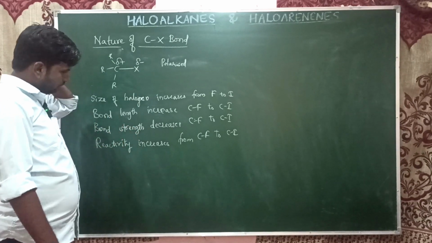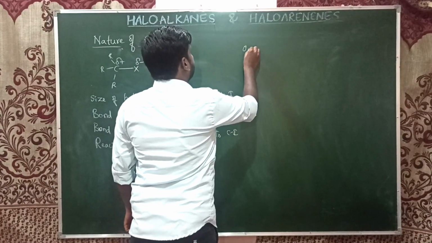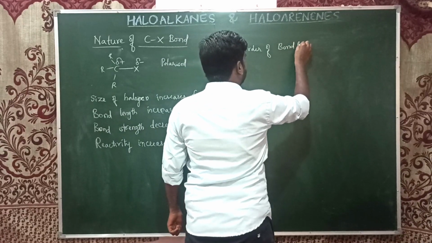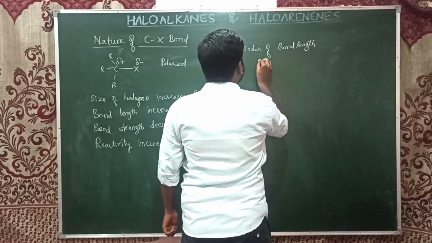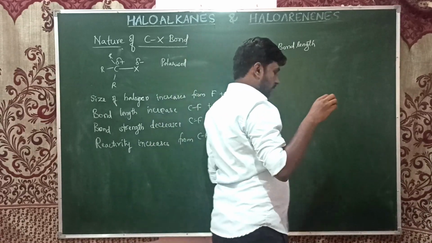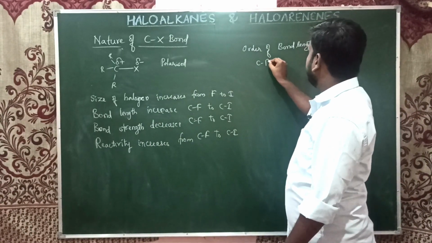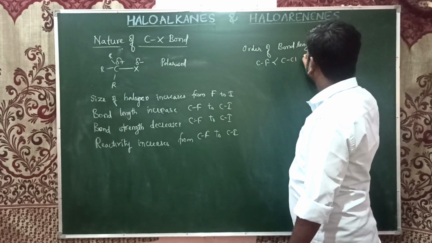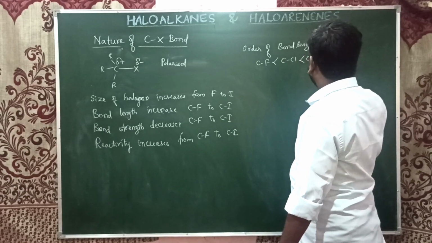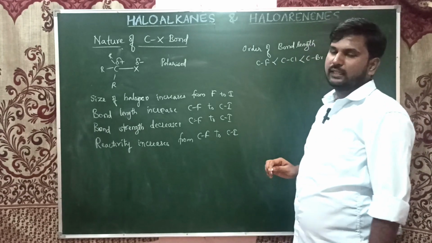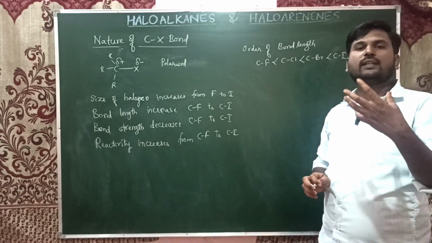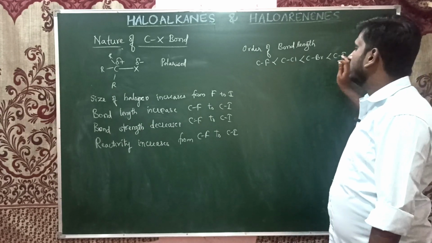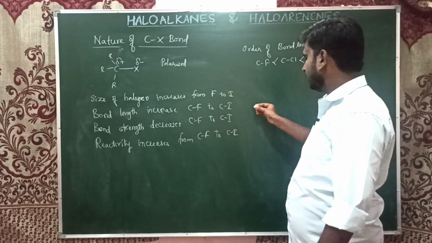So let us see the order of bond length. The carbon fluoride bond's length is lesser than the carbon chloride bond, then the carbon bromide bond, and the carbon iodide bond has the highest bond length, because iodine has the biggest size compared to fluorine, chlorine and bromine. So this order will be followed.